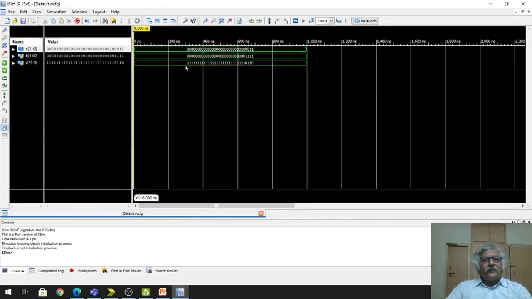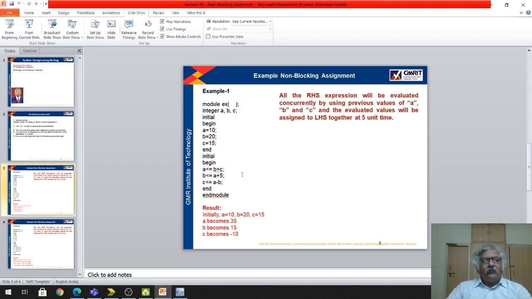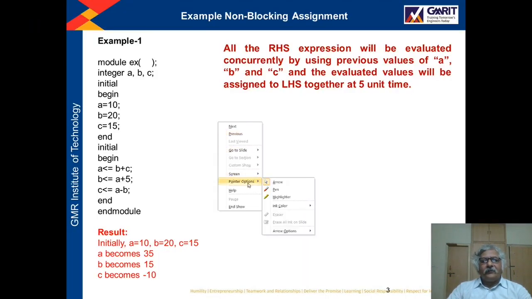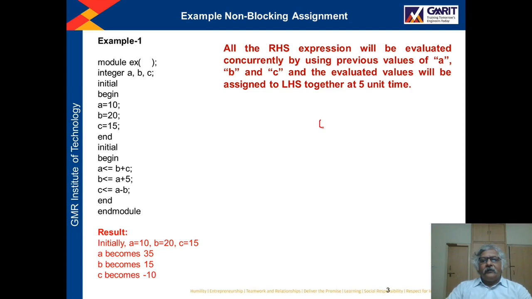So here C is, see, all of these are 1 and the last 4 digits are 0 1 1 0. This means the result is 0 1 1 0 and the remaining are all 1.